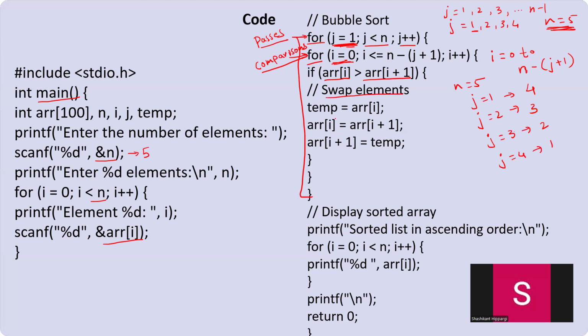We exchange them using a temporary variable if they are out of order. At the end of this program, we display the elements in sorted order. Now we are going to use the same logic, run this program and see the output.